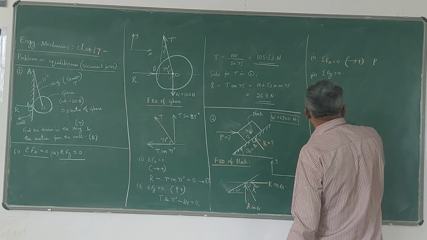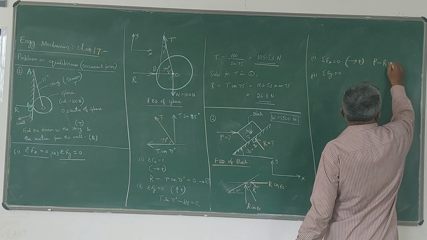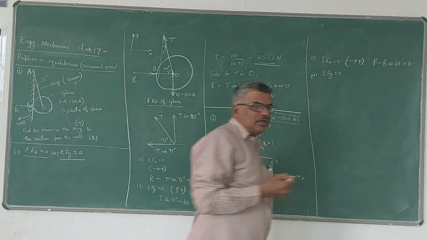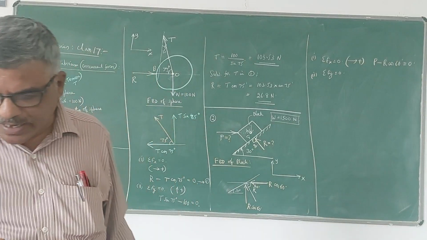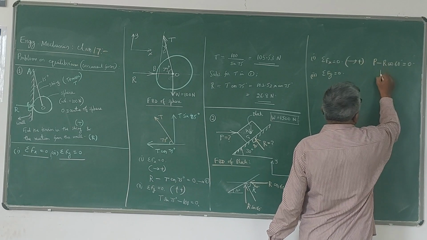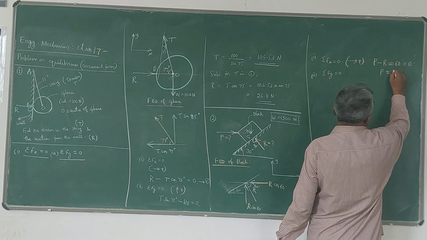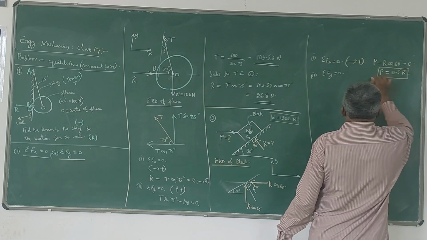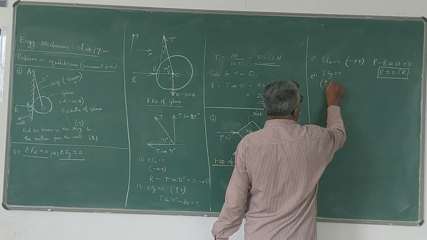This will be minus R cos 60. So P minus R cos 60 is equal to 0. This is one equation which we are going to get. You can simplify this: cos 60 is half, therefore P is equal to 0.5 R.